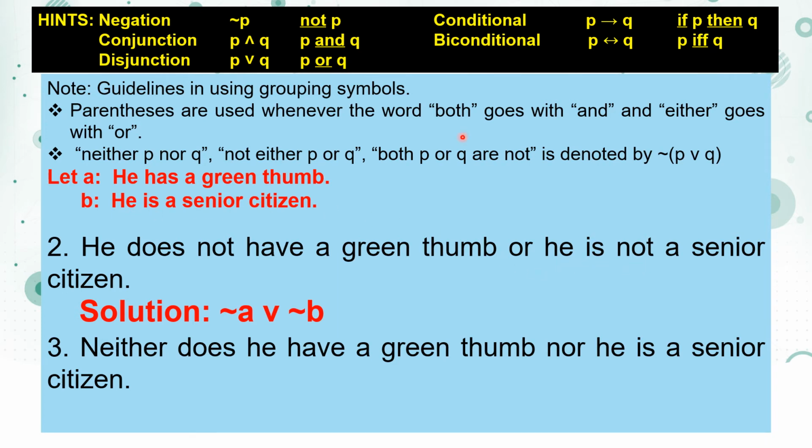So, it's the negation. So, the symbol of negation is this. And since "he is a senior citizen" is proposition B, we write here B. So, we have not A or not B. So, this is now the mathematical statement for this English statement.